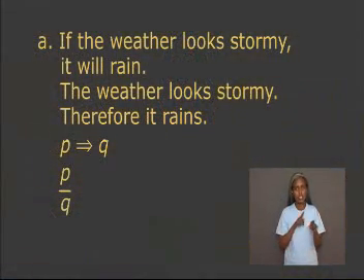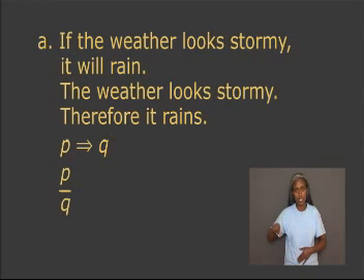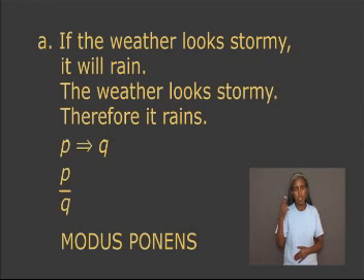Hello again, students. The first argument states that whenever the implication, if P, then Q, is true, and the hypothesis P is true, then Q is also true. We apply the fourth rule, modus ponens.